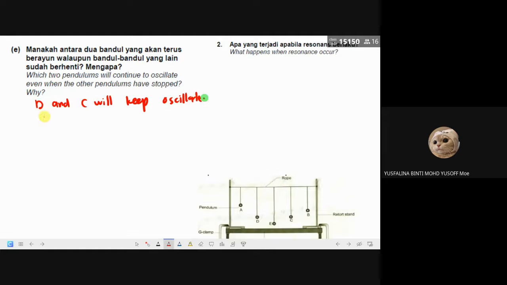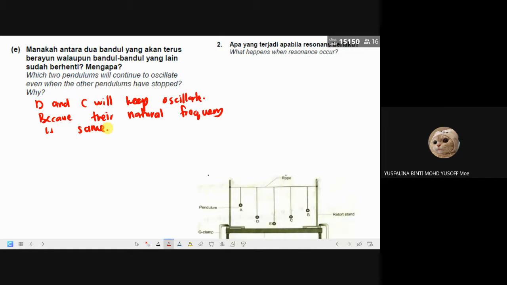Why? Because their natural frequency is the same. So the two of them will keep oscillating because they have the same natural frequency.